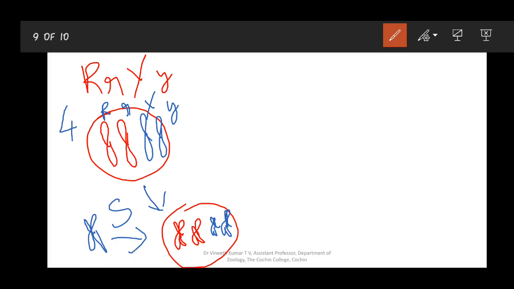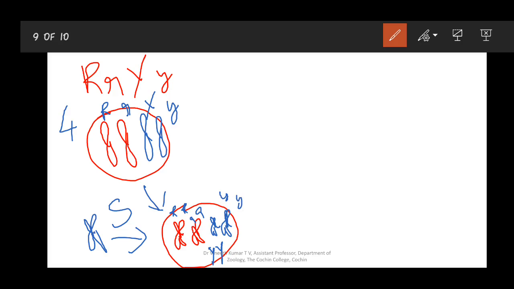Of this you have the 2 chromatids which are present here, and each will have the same gene. So these 2 will be capital R, and these will be small r and small r. This one will be capital Y, and these will be small y and small y. So this is the condition after the S phase. Hope this is clear.